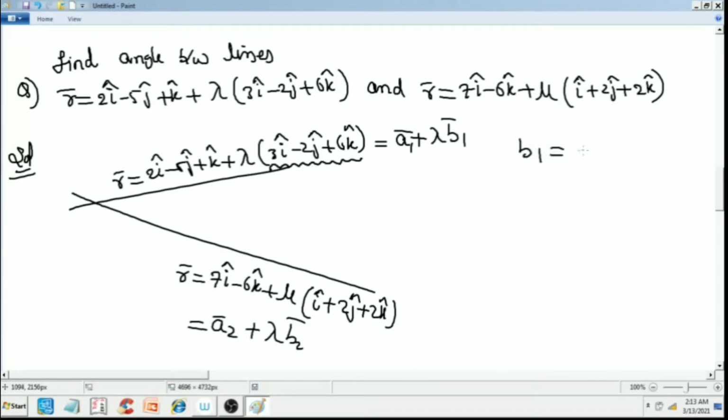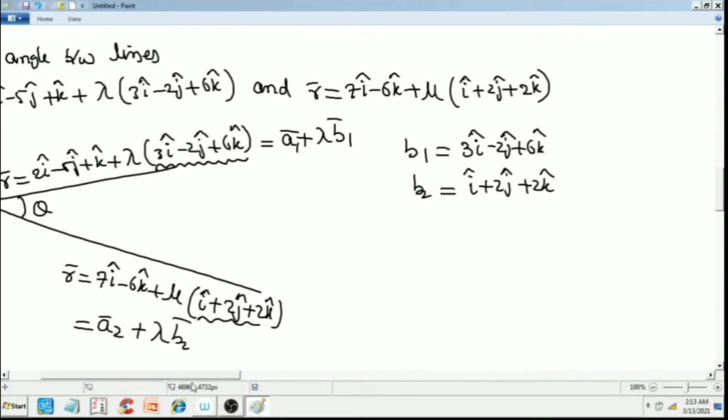Comparing, b1 is 3i minus 2j plus 6k and b2 is i plus 2j plus 2k, which are the DRs. Whenever we need to find an angle between two lines, we should consider only the DRs, not the point.